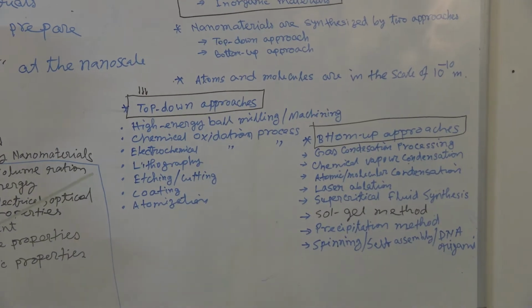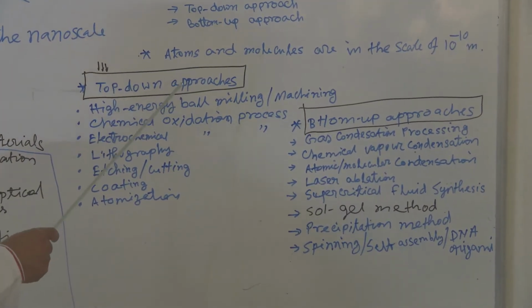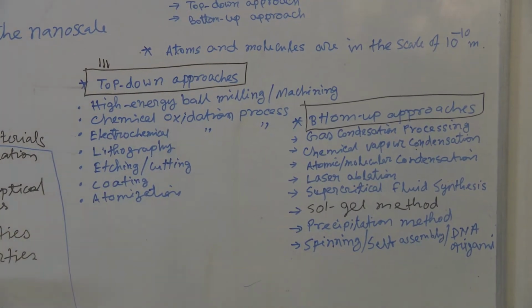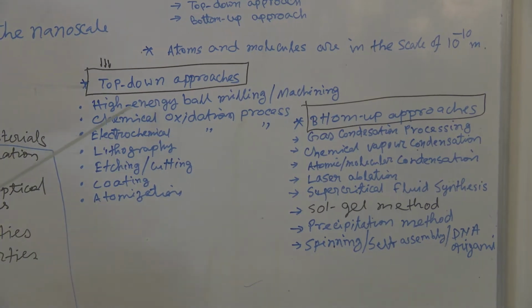If you look at top down approaches, there are many, like high energy ball milling process or machining, means we are taking big materials and grinding. Then chemical oxidation process, electrochemical oxidation process, lithography, etching or cutting, coating and atomization. These are the processes coming under top down approaches.